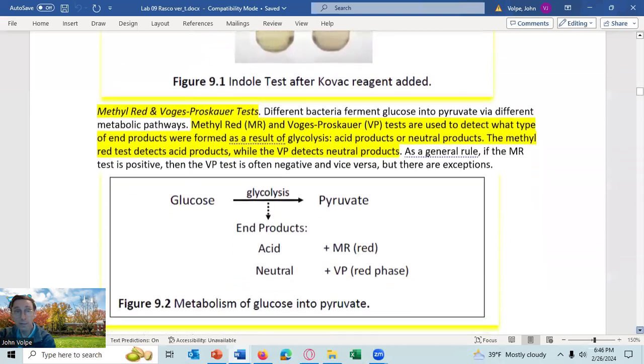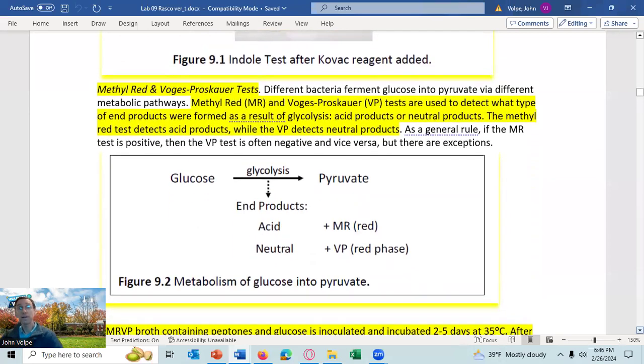If not, we're going to talk about the methyl red and the Voges-Proskauer test. The MR test and the Voges-Proskauer, which I'm going to henceforth call the VP test, are tests used usually together, meaning what you do is you inoculate one tube of MR-VP media, and then you split the media in two.